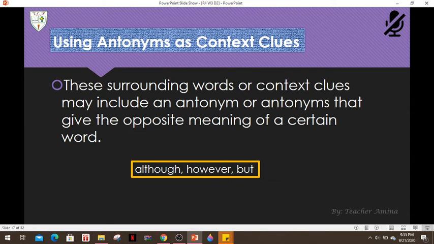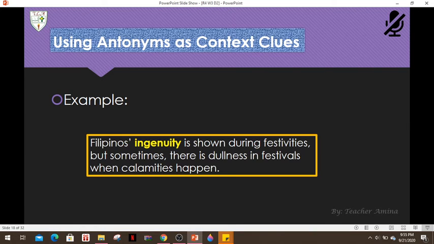The context clues used with antonyms in a sentence are although, however, and but. For example: Filipinos' ingenuity is shown during festivities, but sometimes there is dullness in festivals when calamities happen.